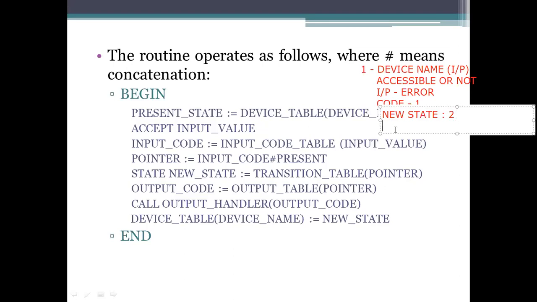Okay. And after that, output code. What is the output code here? Error is having a code here, which is equivalent to 1, but it is having multiple specifications here.